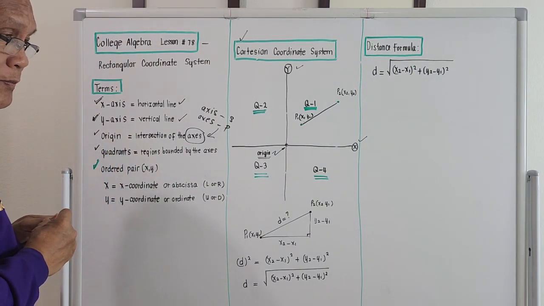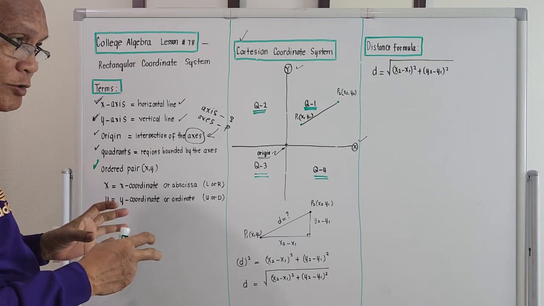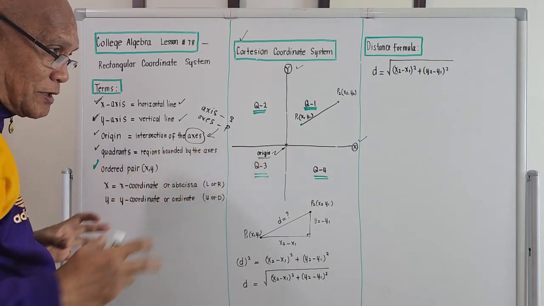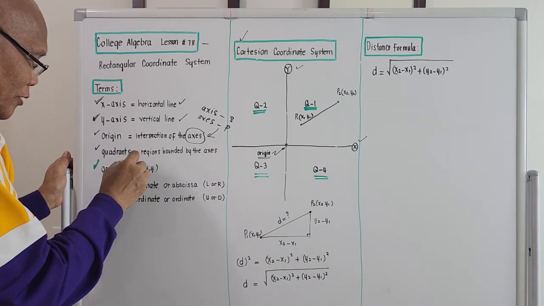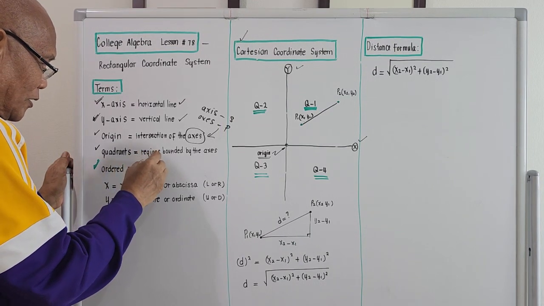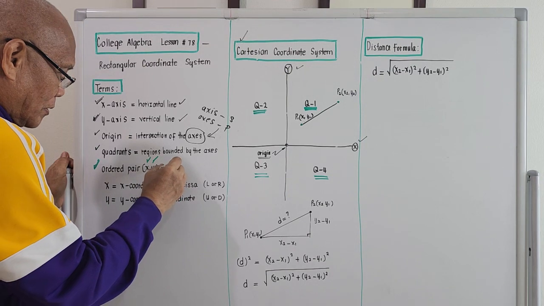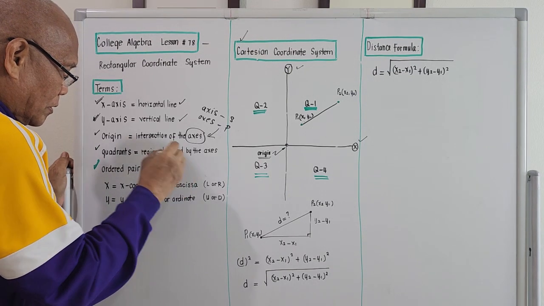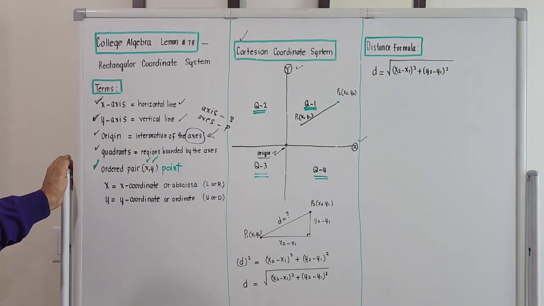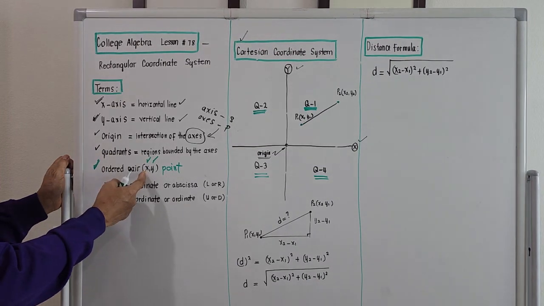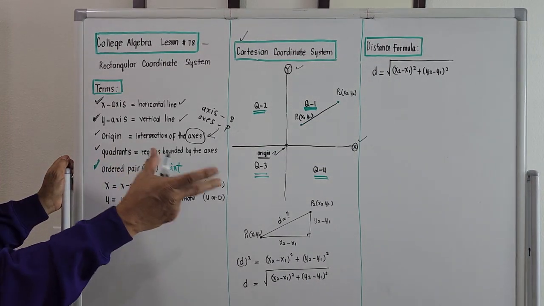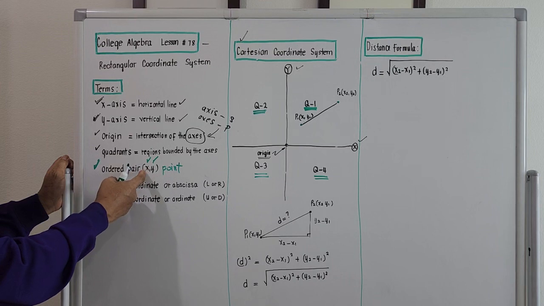To pinpoint the exact location of any point on the Cartesian coordinate system, you must bring out the value of x and the value of y for that point. What is x here? I will try to bring out the meaning of this x and y.